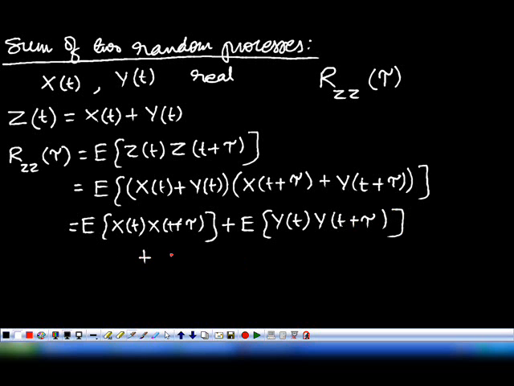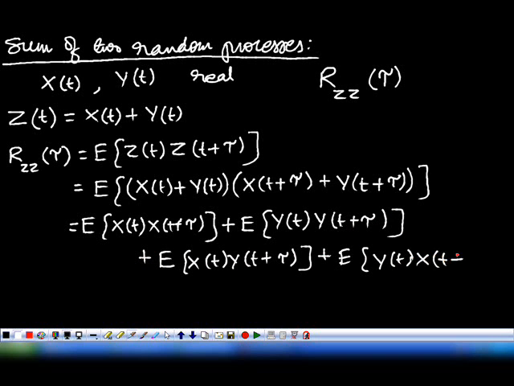The expectation of x of t, y of t plus tau, and another term, the expectation of y of t, x of t plus tau.